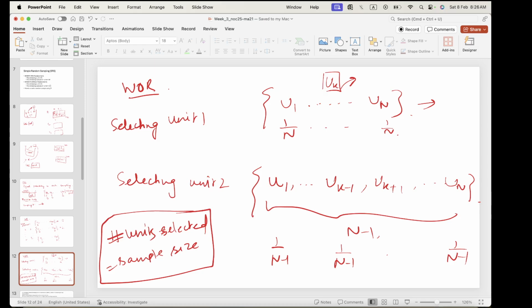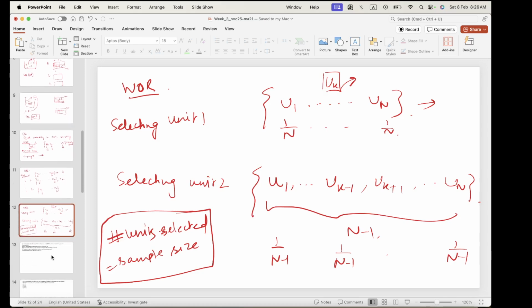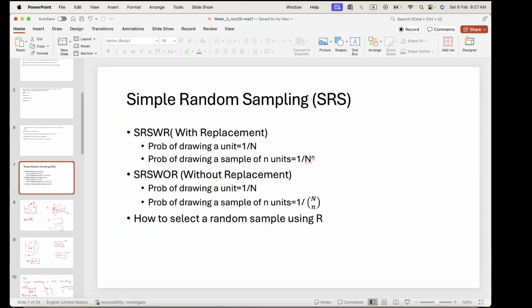So without replacement and with replacement concept, I have to see. So I'll solve a few problems which I hope will help answer the assignment questions. Right. So before that, probability of drawing a unit is 1 by n.